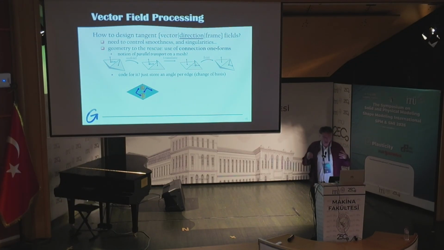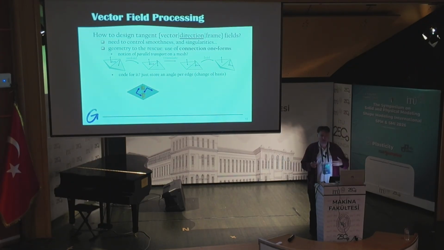So how does it work? Basically, you start from all the triangles of your mesh, and you assign a two-dimensional coordinate system inside each triangle. You can pick whatever you want. Typically, people will pick coordinate systems that are aligned with one of the edges. But again, you can do whatever you want, just a random assignment of coordinate frames on each triangle. You just need to remember what you did when you defined them.